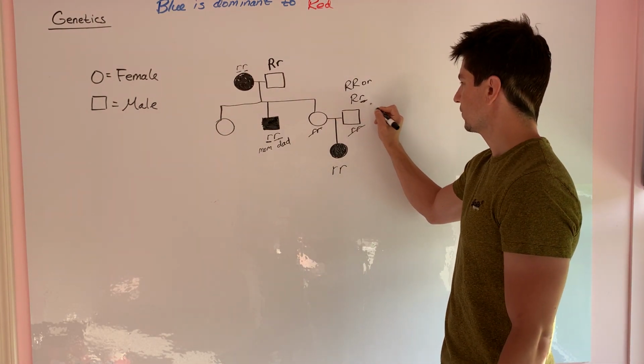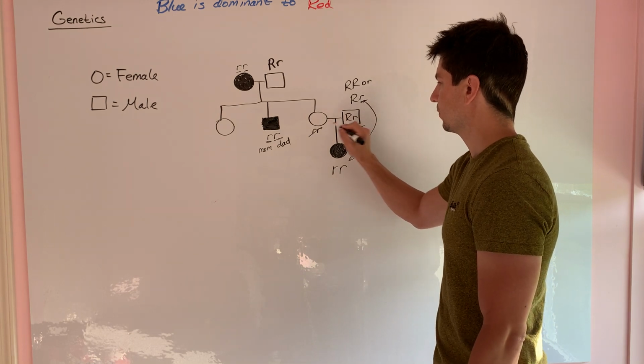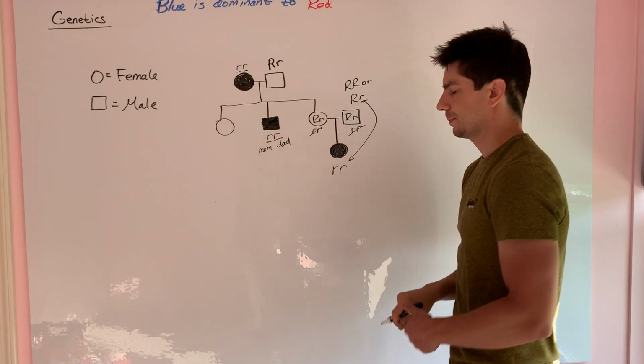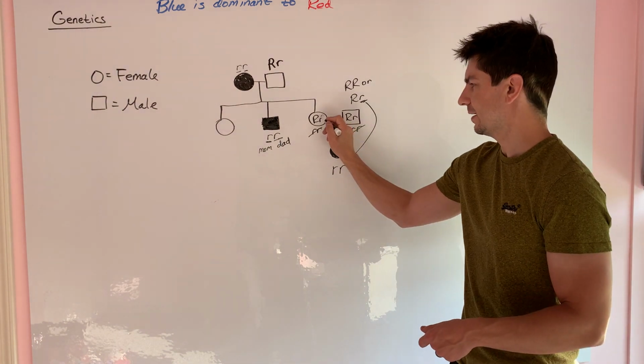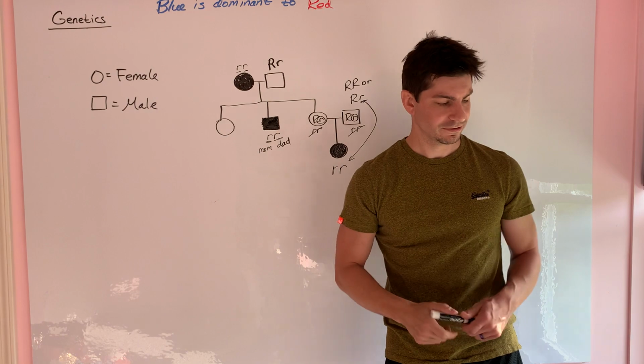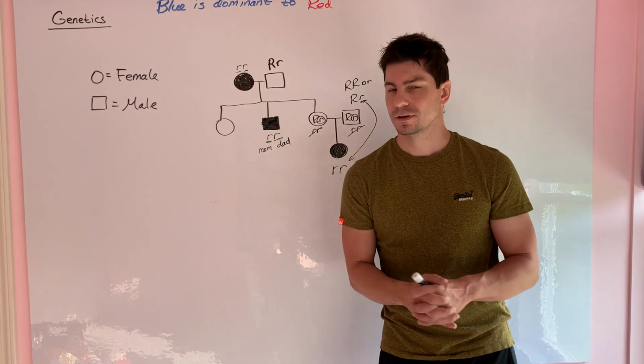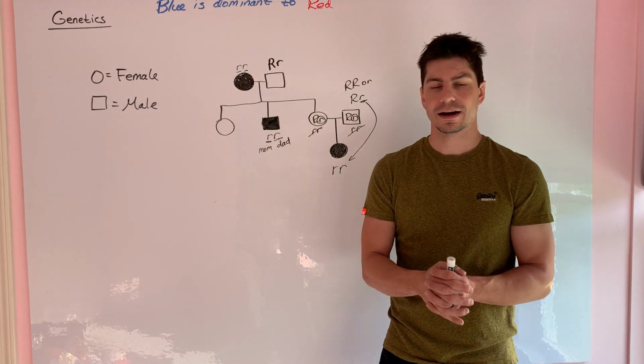Well, each of them gave that little r, so we know that both of them would be big R, little r, and both of them gave that little r to this person, and that's why they have cystic fibrosis. Okay? So that was just a basic overview of genetics, type of inheritance.